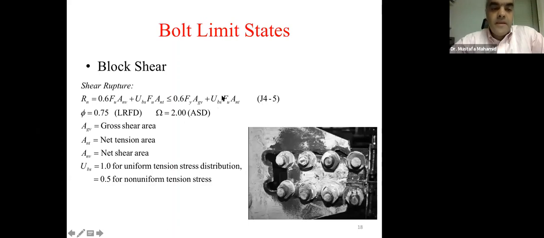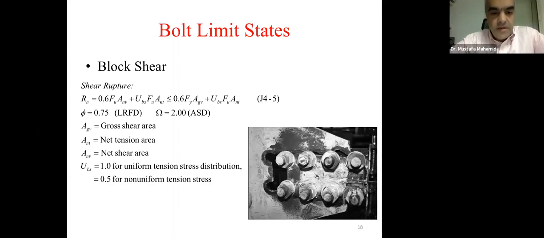Now Ubs is a factor, and it's equal to 1 when we have a uniform tension stress distribution at the tension part, and we use 0.5 if it's non-uniform tension stress. Typically on braced connections and hanger connections, when we have an axial load applied, we will have Ubs equal to 1.